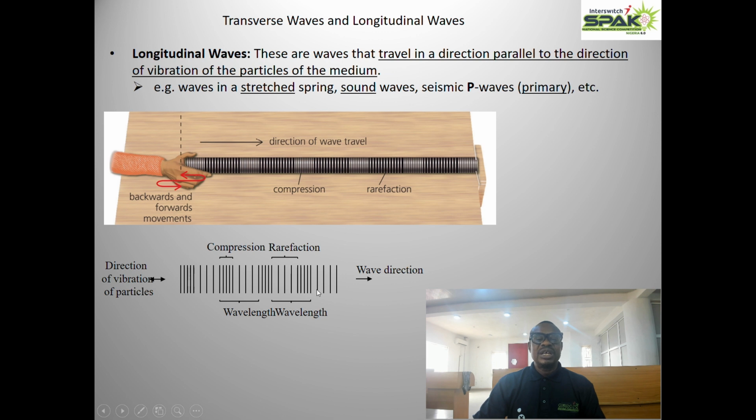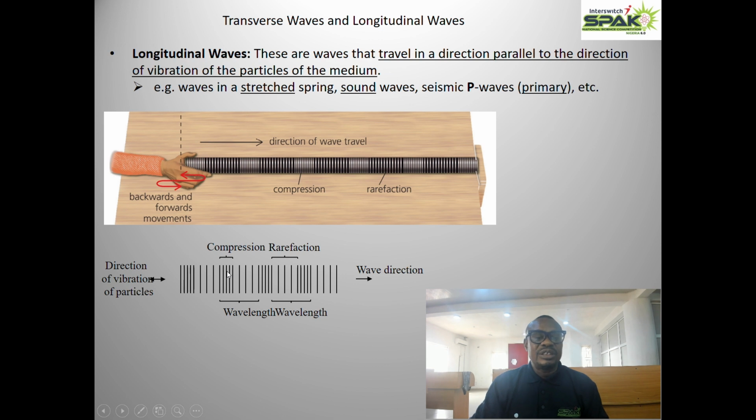If they are evenly spaced, the layers of molecules or particles of that medium are undisturbed. But when it is disturbed, transmitting a wave, it has some compression regions and some rarefaction regions. The compression region is denser and has higher pressure than normal, while the rarefaction region has density and pressure less than normal.